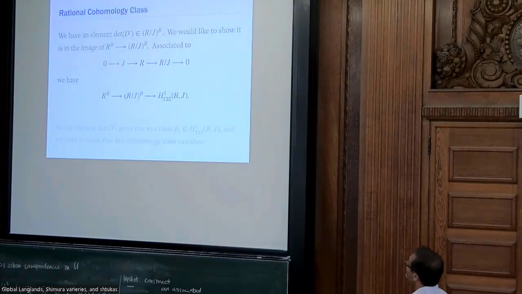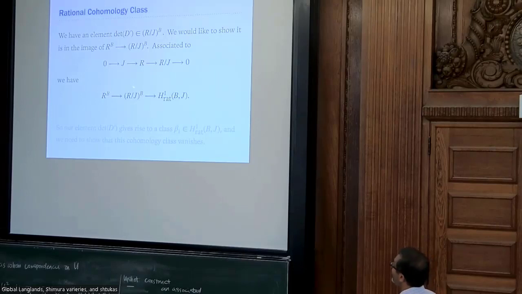So what are we trying to do? We have some element in R mod J, and we want to show that it's in the image of the ring of traces and determinants. We have this theorem that says the ring of invariants of R is the subring of traces.